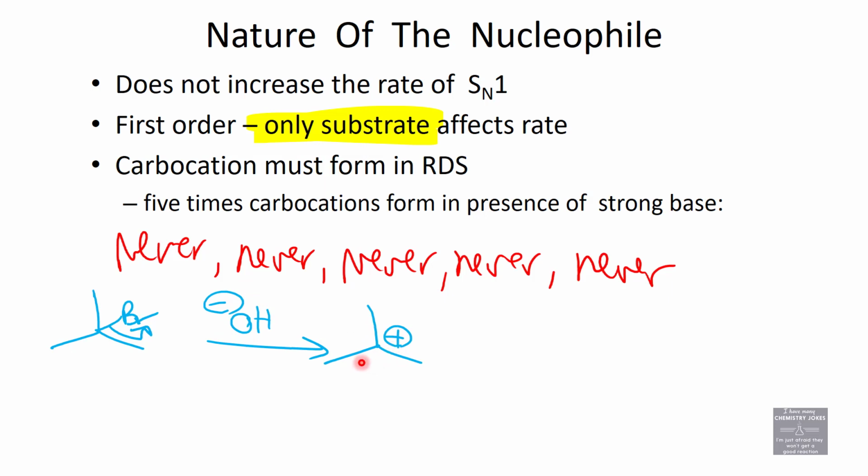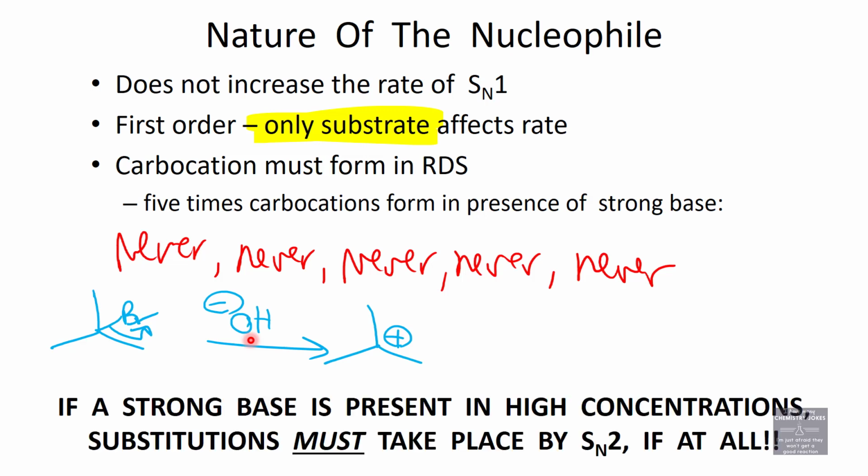This is a very strong Lewis acid, super strong electrophile. These things cannot coexist in solution, as in this thing will never, ever, ever form when you have a strong base around. So, if you have a strong base, you must do substitution by Sn2, if at all.